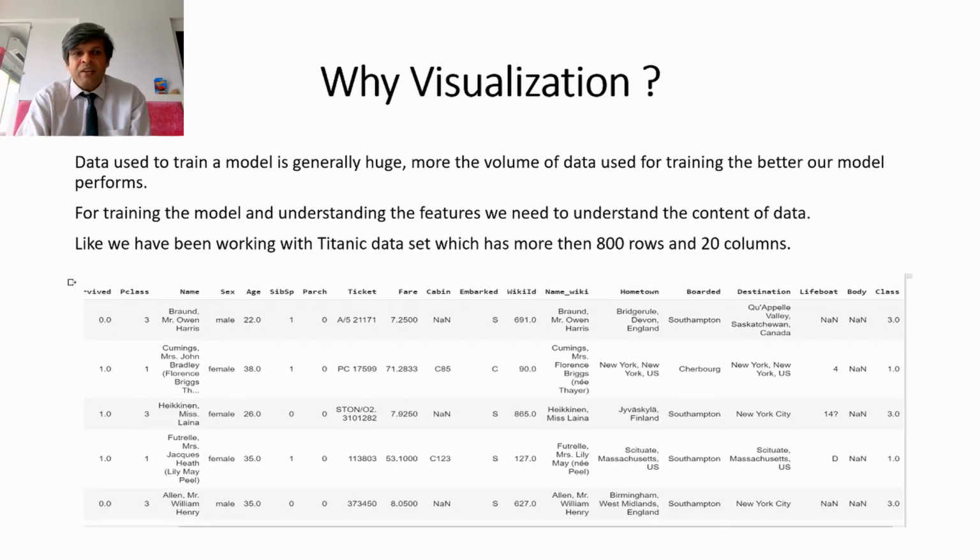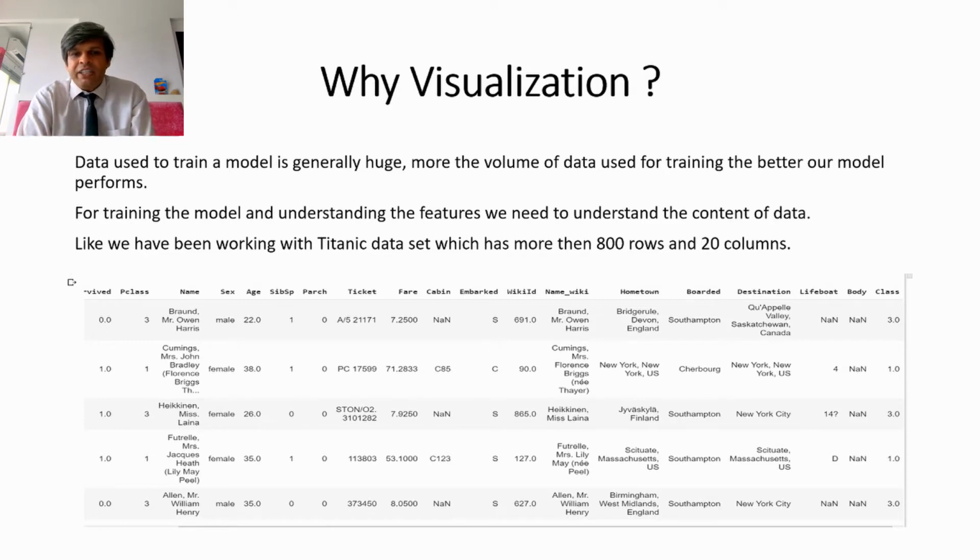So for training the model and understanding the features, we need to understand the content of the data. We need to understand what goal we are trying to achieve with that data, what all the features are and how those features are related, and what the volume of the different features is. That is what we need to understand, the content of the data.